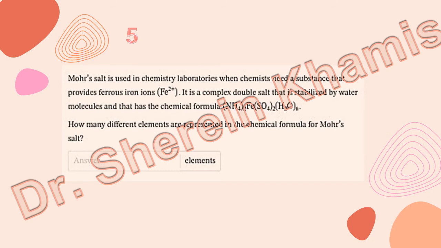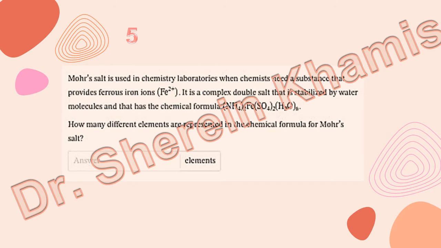So it is a complex double salt that is stabilized by water molecules, and it has a big chemical formula. We have NH4 Fe SO4 by 2, H2O by 6. Okay, how many different elements are represented in the chemical formula for Morse salt? Morse salt is a kind of salt that we have in our lab.